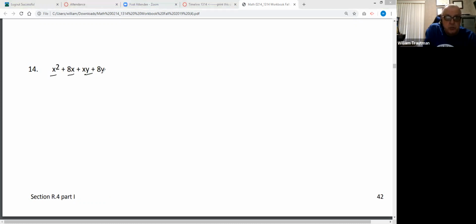Do you see all terms are separated by a plus or minus? Step 1 in the 4-term factoring method is group the first 2, group the second 2, and make sure there's a plus sign between them. That's step 1.